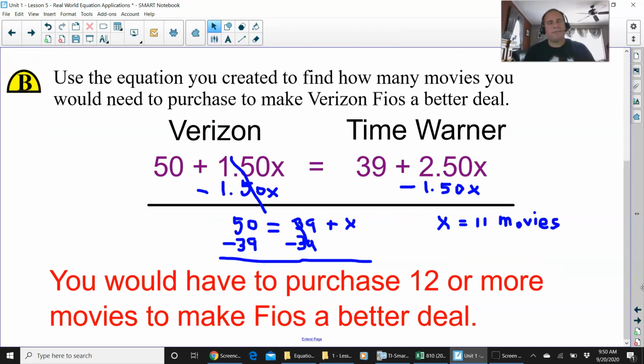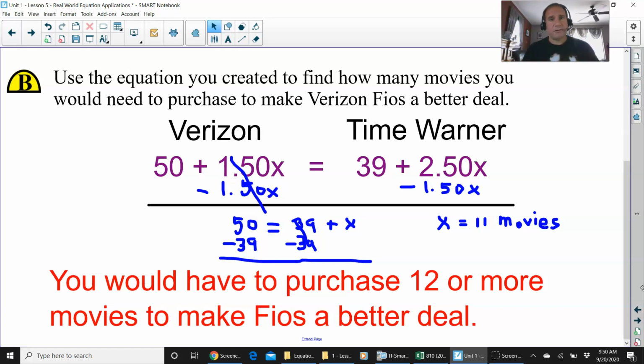Since Verizon charges $1.50 per movie, at 11 movies, we figured out that both of these plans would cost the same. So that means you would have to purchase 12 or more movies to make Fios a better deal. At that 12th movie, Verizon becomes a better deal because they're only charging $1.50 per movie.